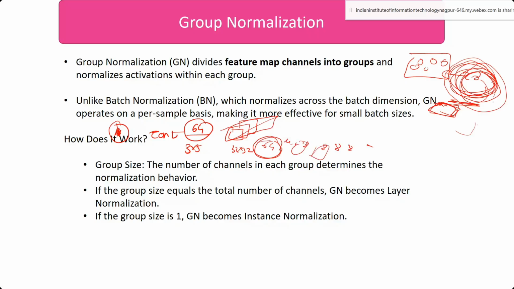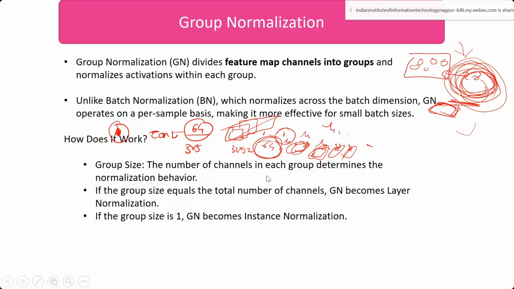We are talking about one sample. In batch normalization we consider all 28 samples per channel, but here we consider only a single sample and its channels. You are grouping those channels and calculating the mu and sigma across those 8 channels. Here there will be a mu and sigma, here there will be a mu and sigma, and then you normalize channel-wise, group-wise. So this is how group normalization works.